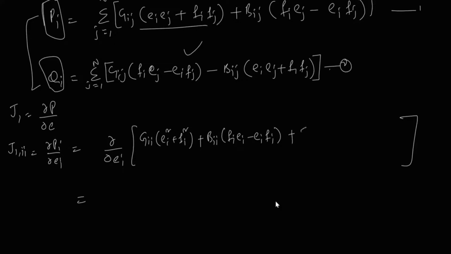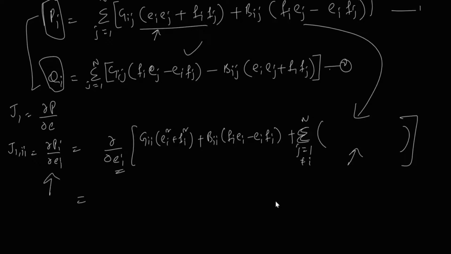Now plus summation j equals 1 to n and j not equal to i, and this entire bracket as it is. Now you have to take the derivative with respect to Ei. Every term in the summation has Ei, so this partial derivative of Pi with respect to Ei has n terms.